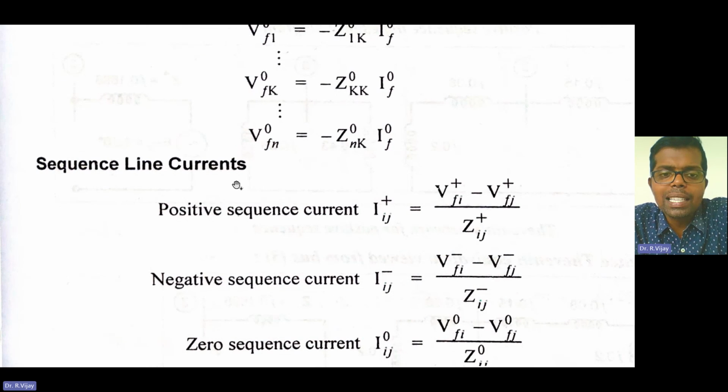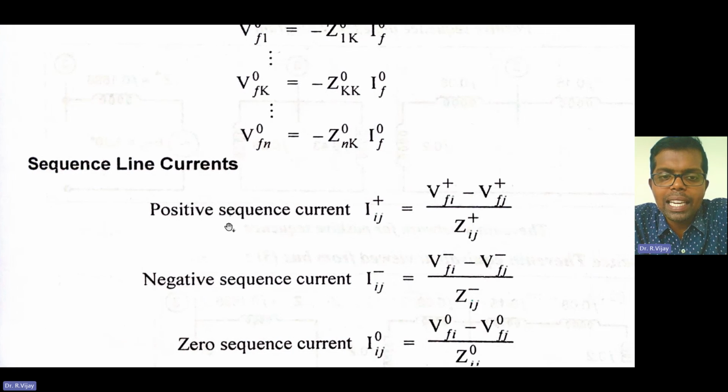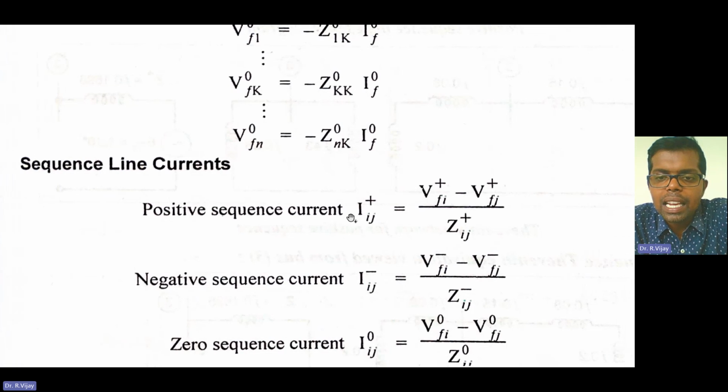So what is the sequence line current? The positive sequence line current Iij positive is equal to VFI positive minus VFJ positive divided by Zij positive.